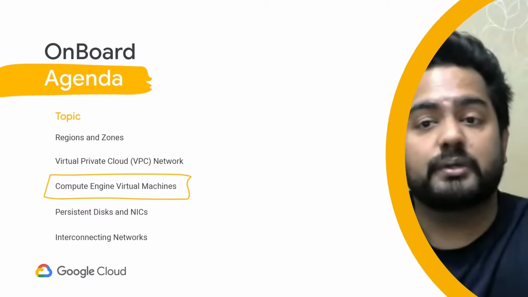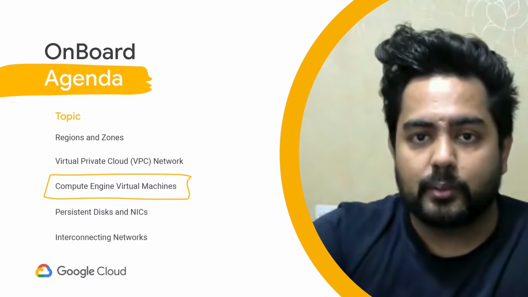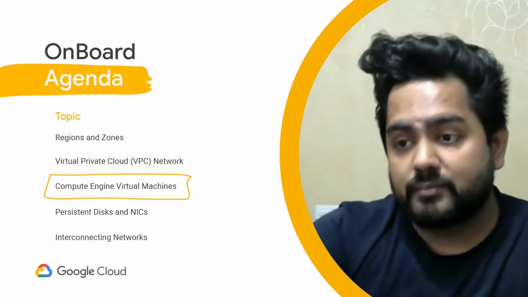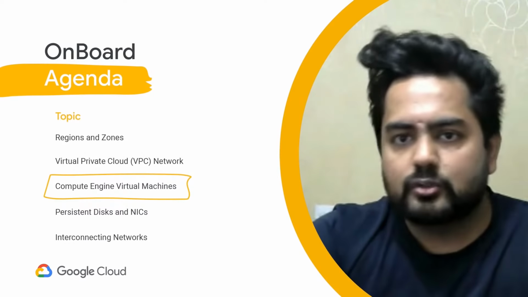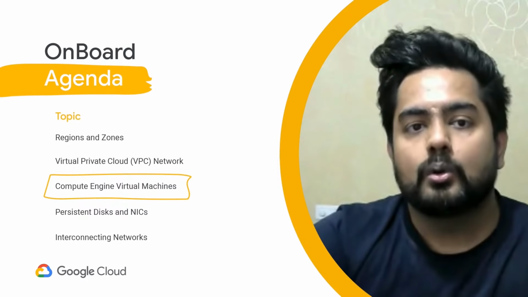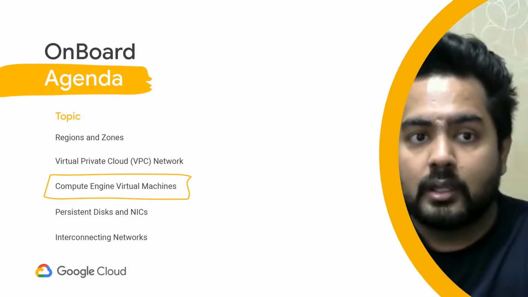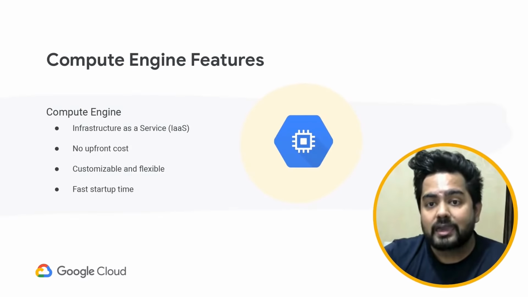All right, moving further. Now we'll learn about Compute Engine and virtual machines. This is really important because until now we have been talking about regions and networking, and let's see how virtual machines in Compute Engine work. GCP provides IaaS.